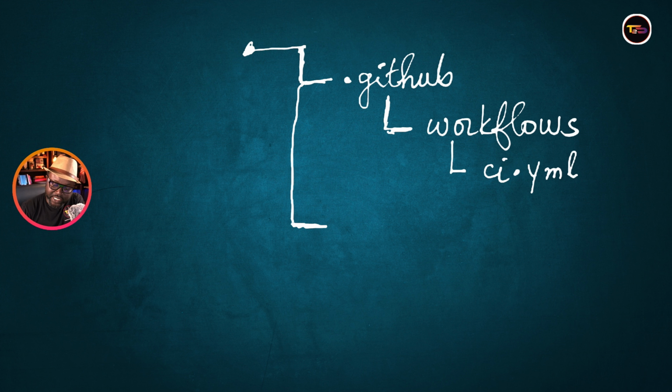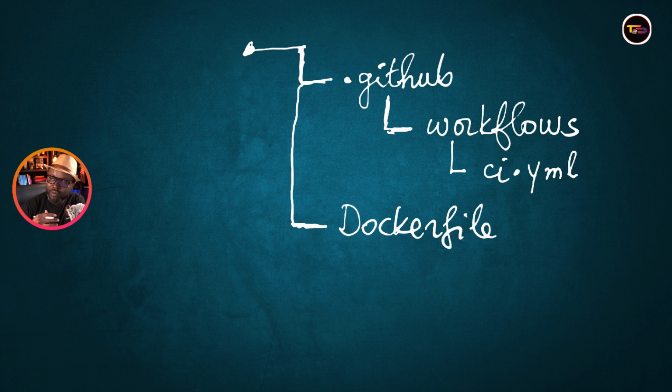So back to the root here, we need to create a Dockerfile, because for our demo we'll be building a Docker image, and to do that, we need a Dockerfile. A Dockerfile is a file that helps us define the kind of Docker application that we want to provision.